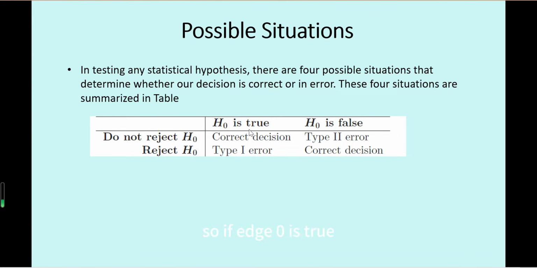If H0 is true and we do not reject H0, this is a correct decision. Alternatively, if H0 is false and we reject H0, this is also the correct decision. But in the other two situations, where H0 is false but we do not reject H0, we make a type 2 error. And alternatively, if H0 is true but we reject H0, then we make a type 1 error.